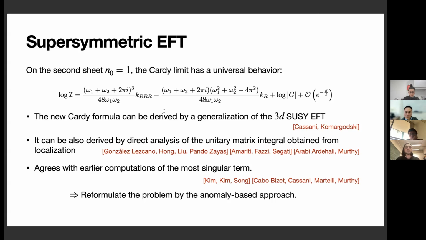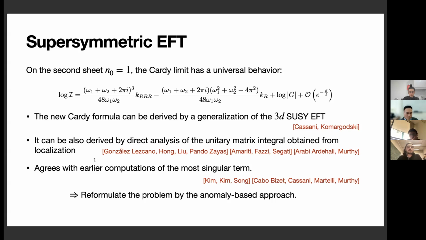And this formula has been derived by various methods and has been tested in many ways, and it's a pretty striking formula. In particular, we know of an effective field theory derivation by the same logic that I told you before, but it can also be motivated by the analysis of the unitary matrix integral that we have when we perform the localization computation.